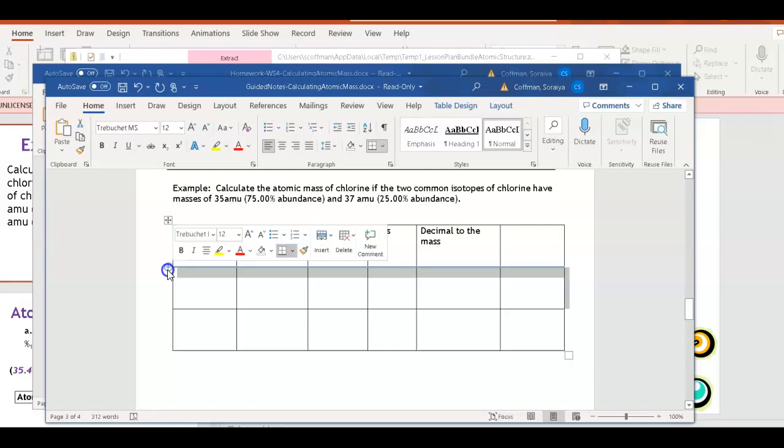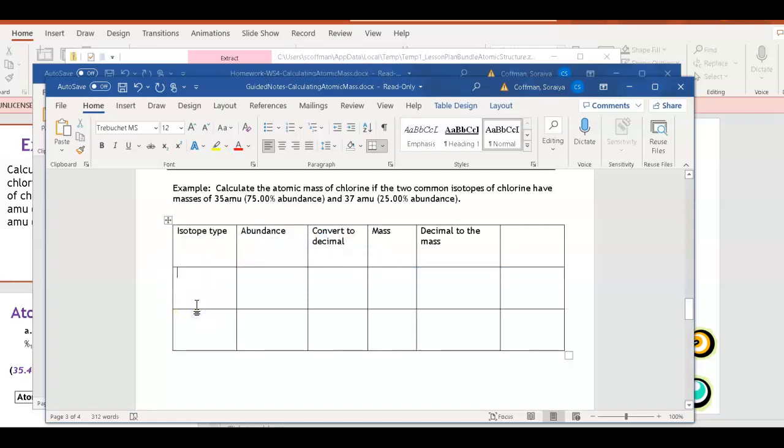So we're going to have 2 isotopes, and I made 2 different rows there. So we have chlorine 35. Or I'll just put 37. It does not matter. And we have chlorine 35. Okay. Their abundance, I'm going to go ahead and move this over.